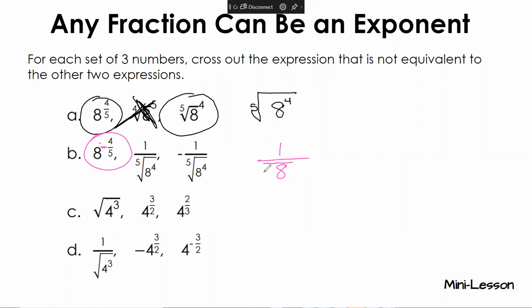We know that there's going to be a radical. That denominator is going to go in the little cubby hole. And that exponent is going to go right here inside. So which one is written like that? The middle one. This guy's wrong.